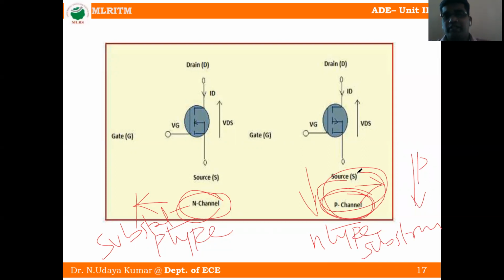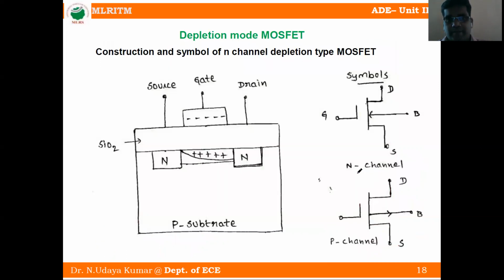That's why we call it a P channel MOSFET. I am not discussing the P channel fully because it is similar to the N channel. Next, we will see the depletion mode of MOSFET.